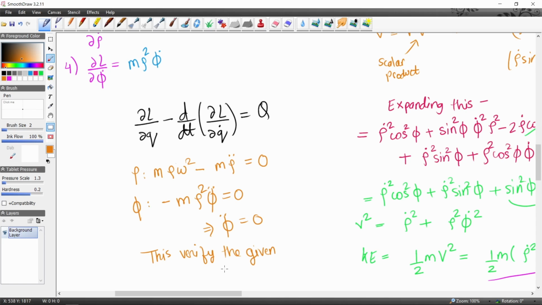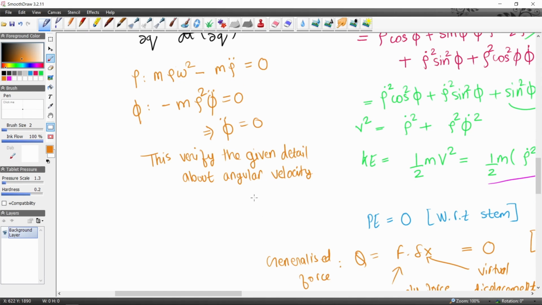And this verifies the given detail that we had in our question about the angular velocity. It was given in the question that the angular velocity phi dot or omega is constant, and so therefore the derivative of constant is equal to 0.